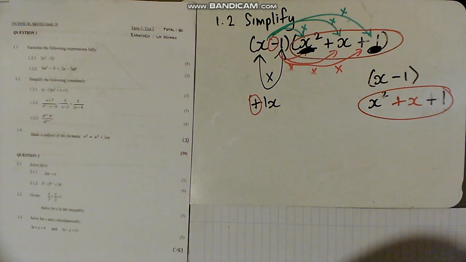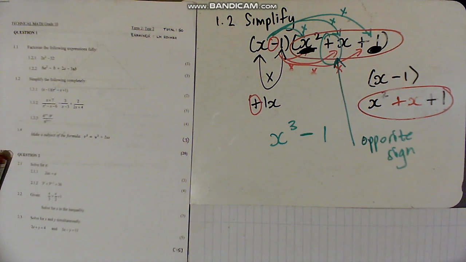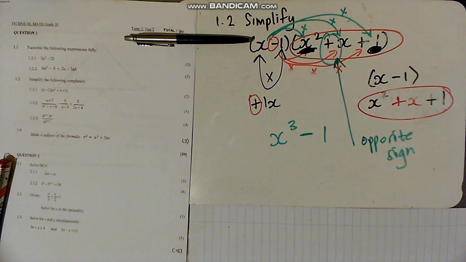That is exactly the same. So therefore the answer will be cube the first term, cube the last term, and the opposite sign in the center. So x cubed minus 1, if I were to factorize it, will be exactly that there.